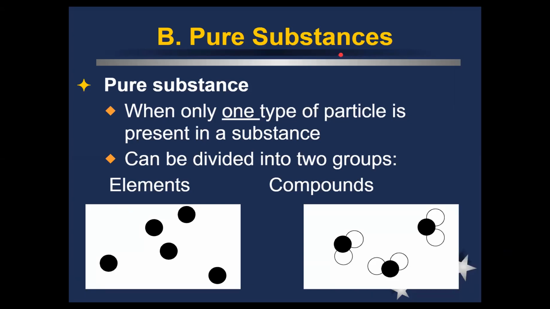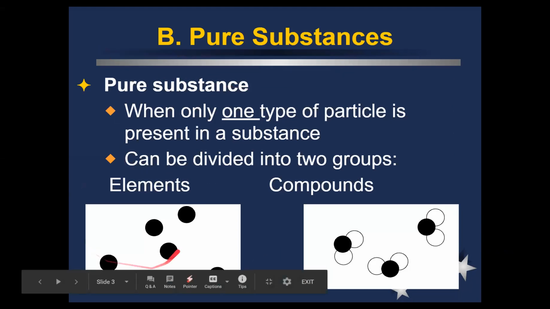Mr. Stanley, I have a question. Like you said, pure substance, it can be both element and a compound, or it has to be just one type? So it would have to be either or. A pure substance could be either purely an element or purely one single type of compound.